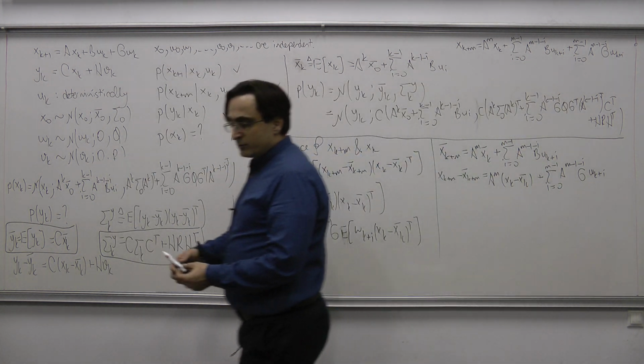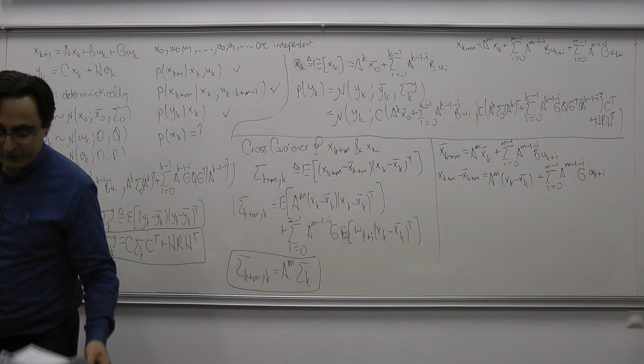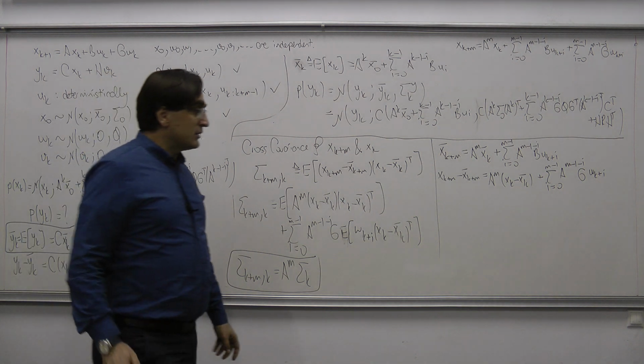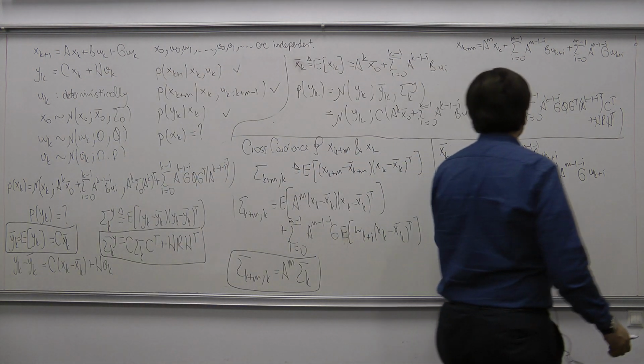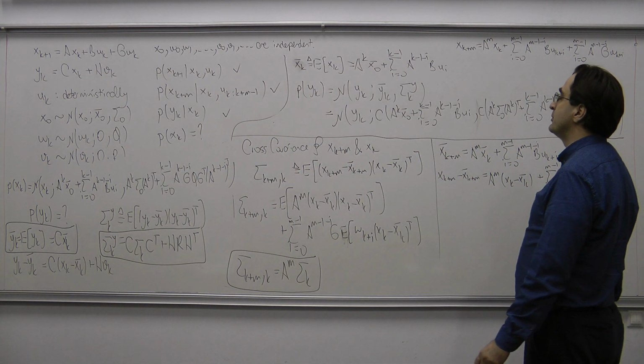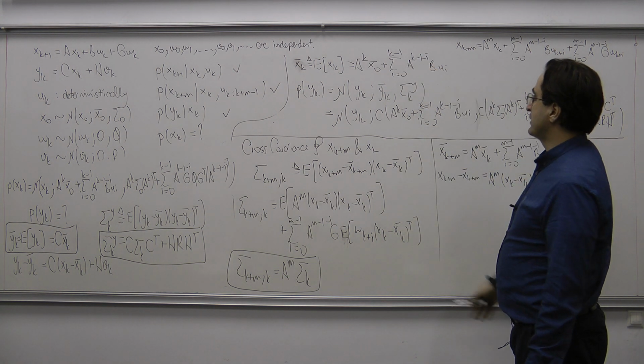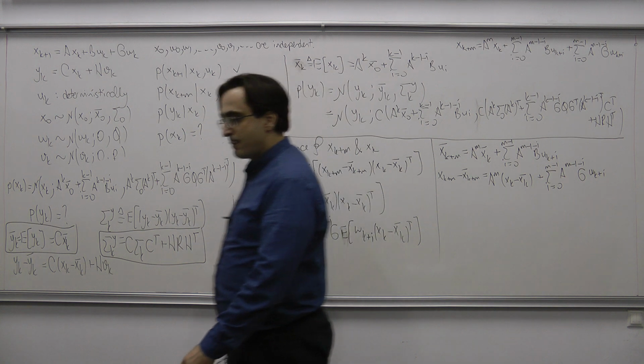So these were the cross covariance values. And the next thing that we're going to do is to find some recursive expressions for sigma k and xk bar.